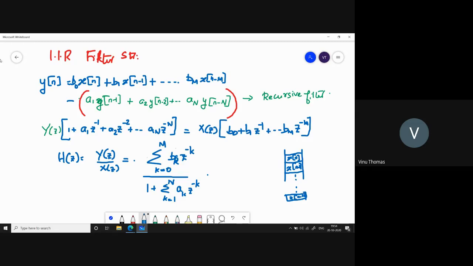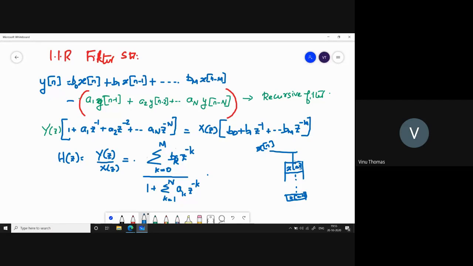How many memory locations are required to store the previous m samples? You require m memory locations, right? So maybe you have an x of n here, and the previous samples are stored.